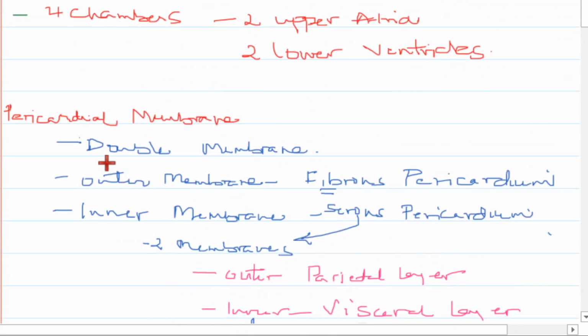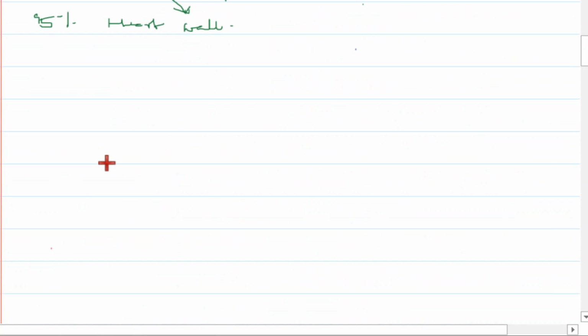Okay, so now let's go to the internal structure. We have seen, we're going from the outside towards the inside, right? We have finished the wall. We have actually finished the outer covering and the inner wall of the heart. Now let's take a peek inside. You already know that the heart has four chambers, right?